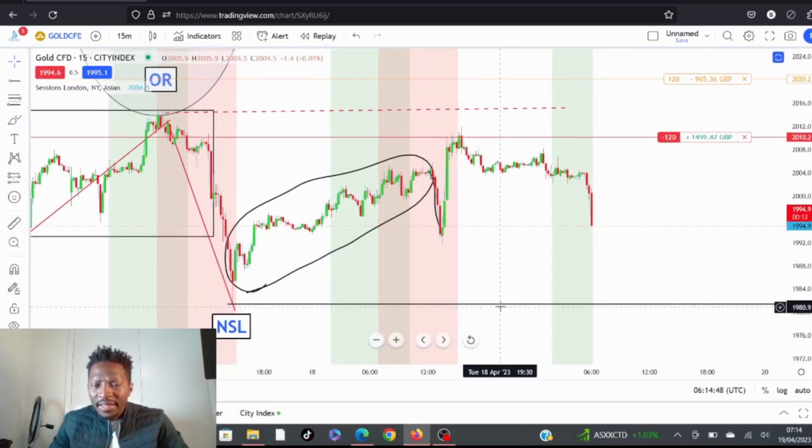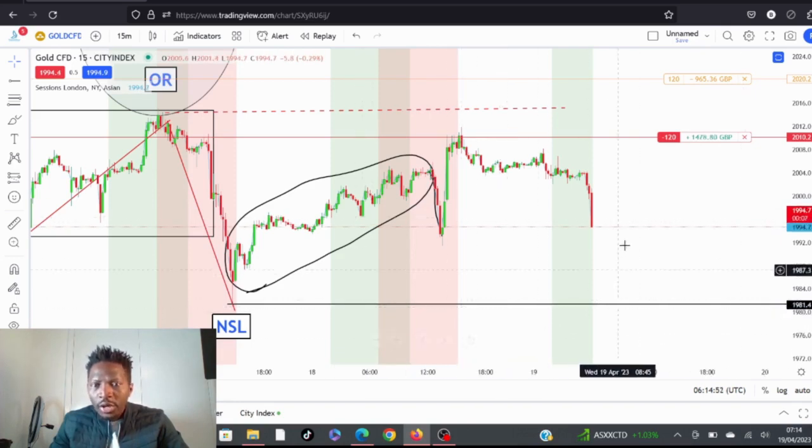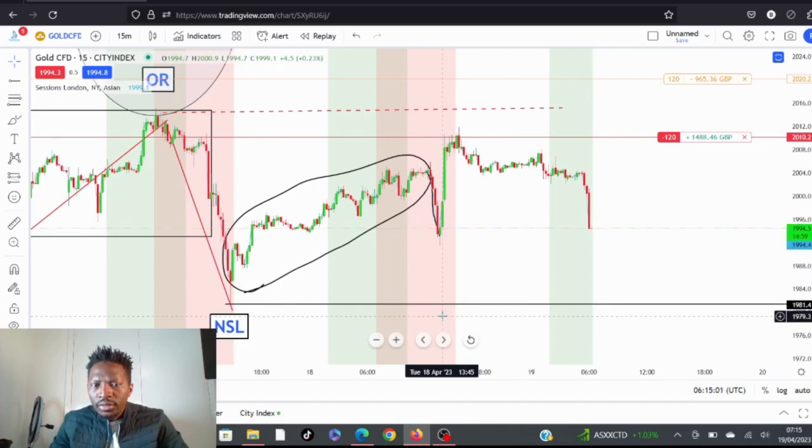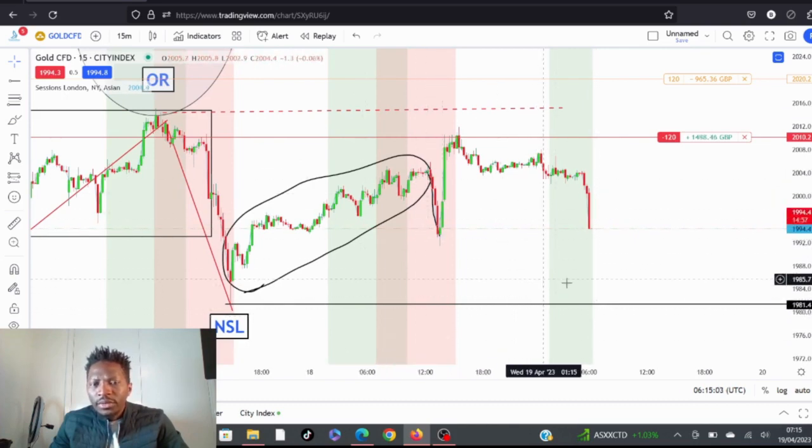So yeah, technically speaking, as a technical trader, understanding structure, once this market comes and breaks this low, then you've got a bearish structure, and the market would continue being bearish. Now, how low the market goes is anybody's guess.